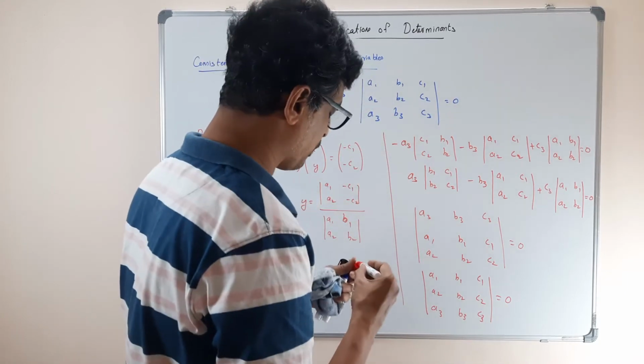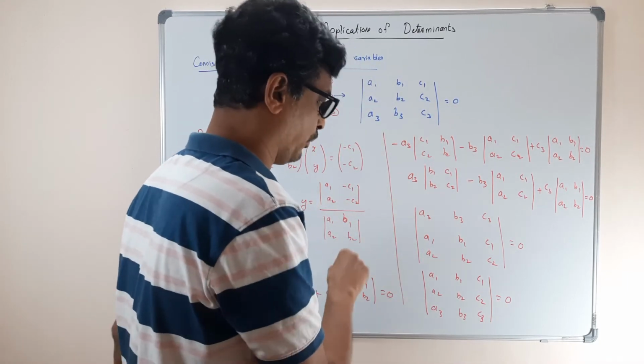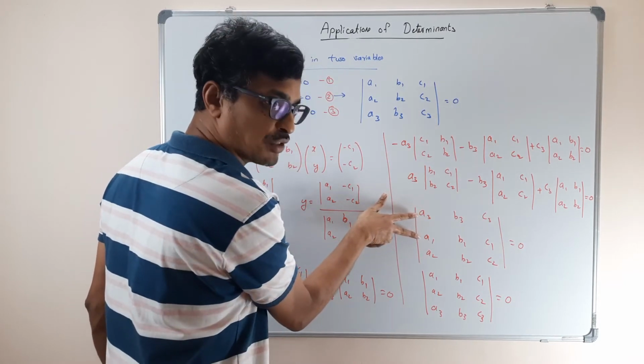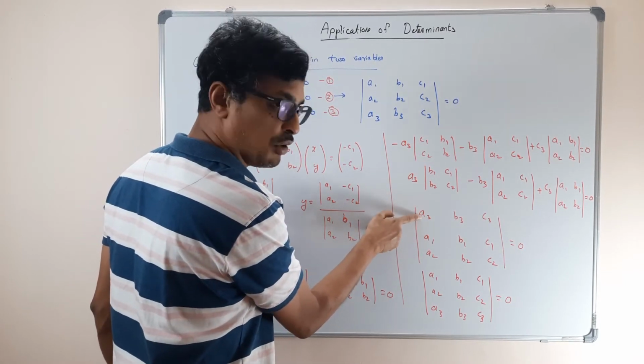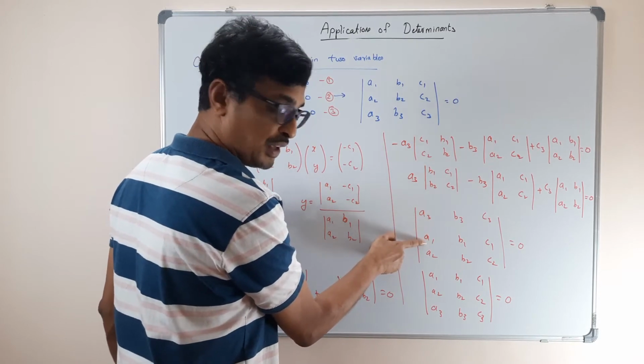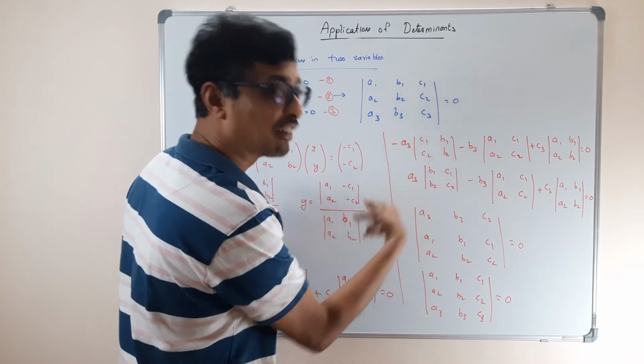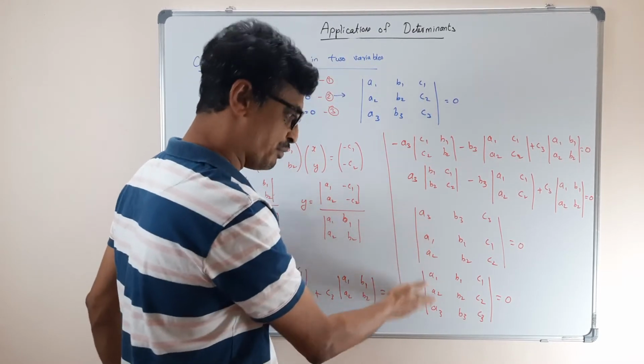Actually, it will be positive only, because we are swapping 2 times. First we swap this and this, correct? That makes it one negative. So A1 will go above and A3 will come down. And another swapping we do: then A3 and A2 will swap. So that will also have another minus sign. So it will be positive only.